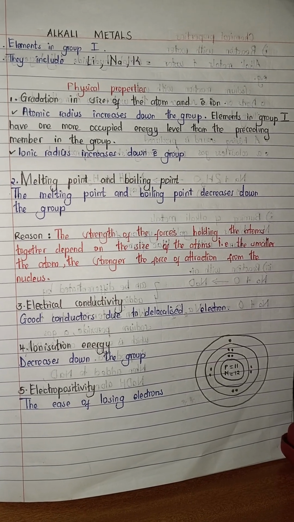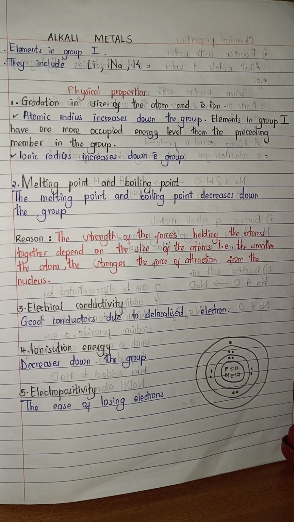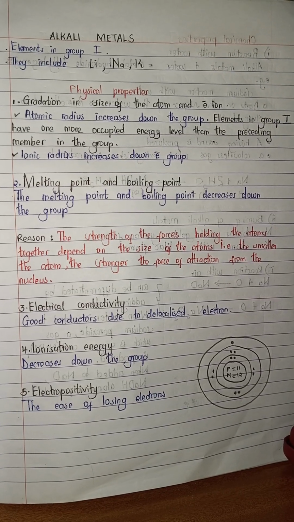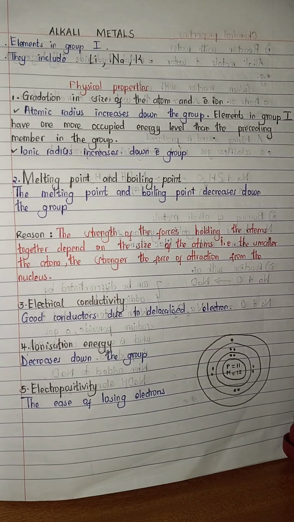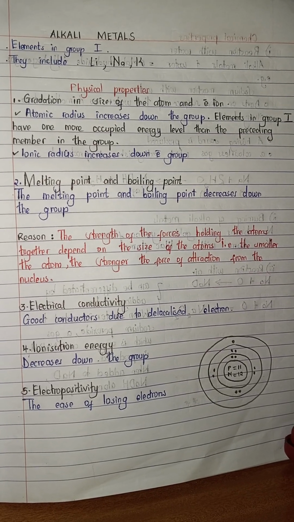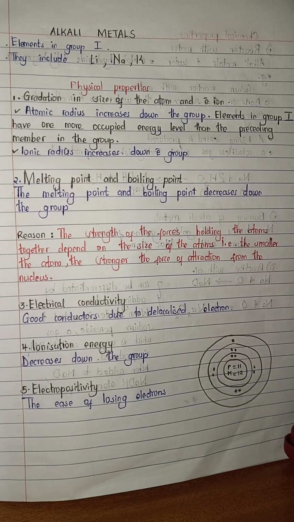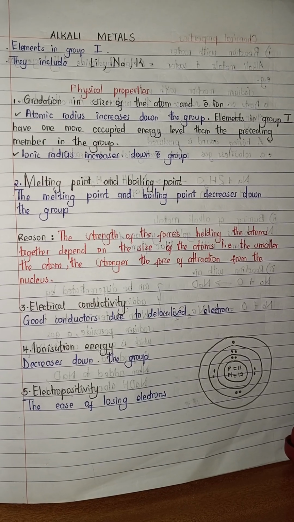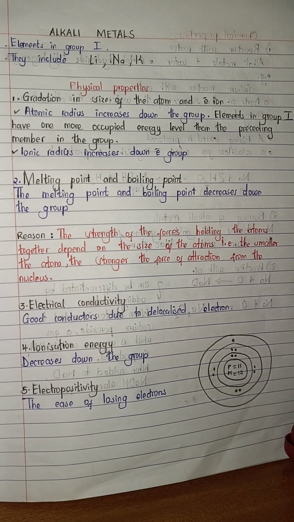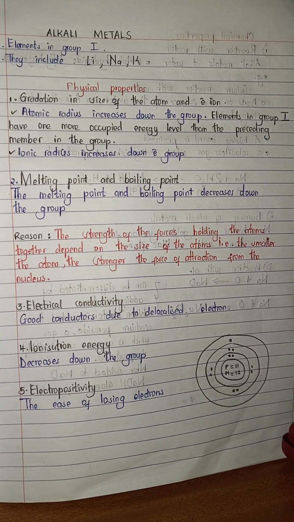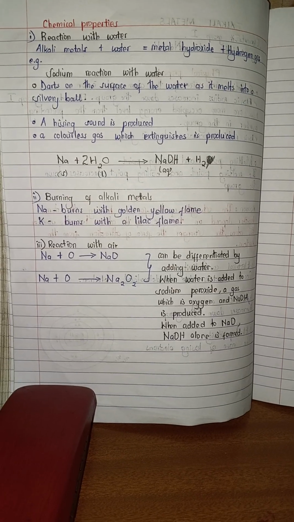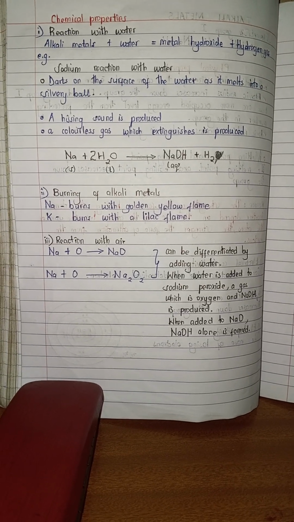Potassium has a higher electropositivity compared to sodium and lithium, which means that potassium can easily lose that one electron compared to sodium and lithium. And lithium is the least, it does not have much ease of losing the electron. Next, we're going to be learning about the chemical properties.